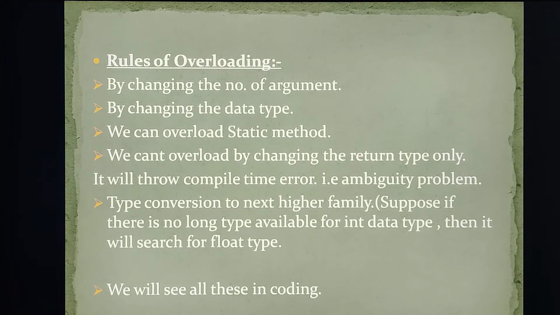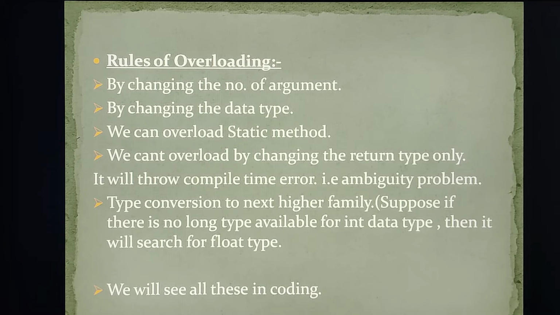So the JVM goes to the next higher family, float, and asks the Test class, is there any method available with a float parameter? The class says yes, it is available.